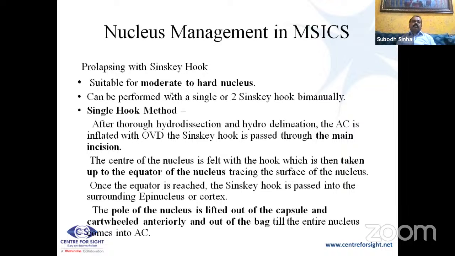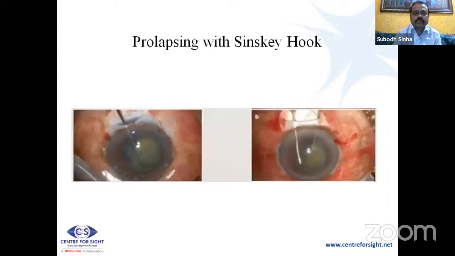But if the nucleus is moderate to hard, you will require a single or two Sinskey hooks to dial out the nucleus from the bag, bimanually or using a single hook method. Here one Sinskey hook is used to prolapse, and here you are using two Sinskey hooks.